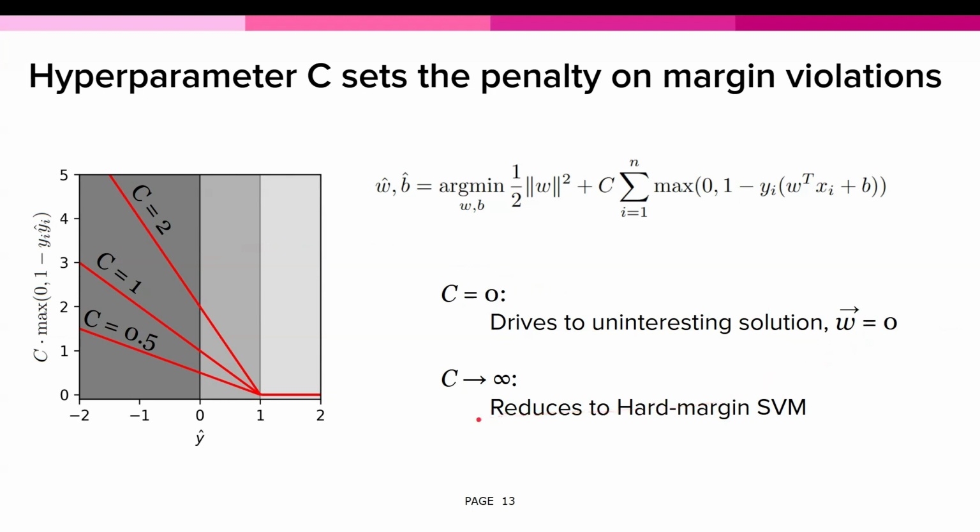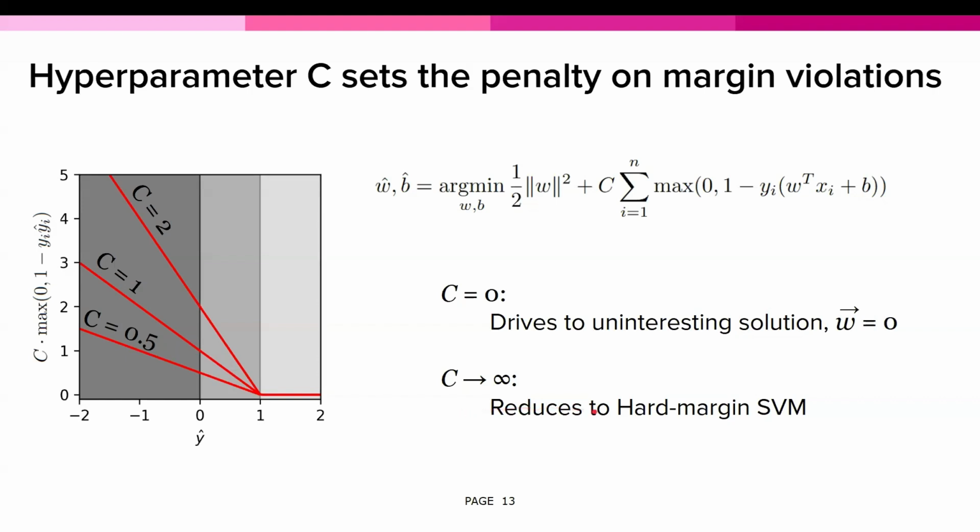On the other hand, if we allow C to become very large, in the limit of C going to infinity, this is going to reduce the soft margin SVM to behave as the hard margin SVM in the case where we have linearly separable data. So it's going to impose a strict separation.